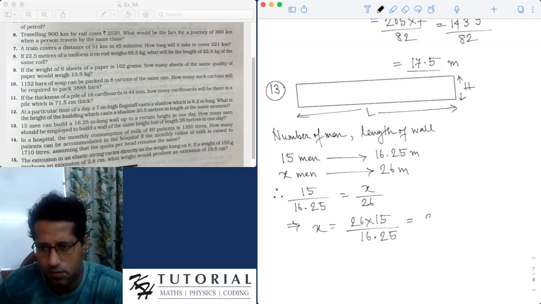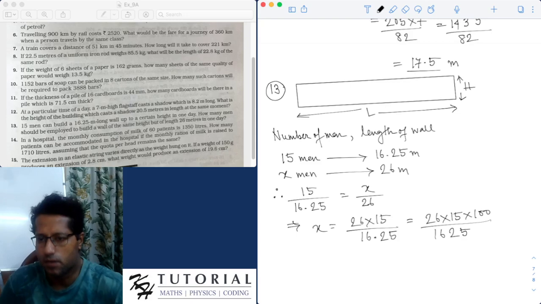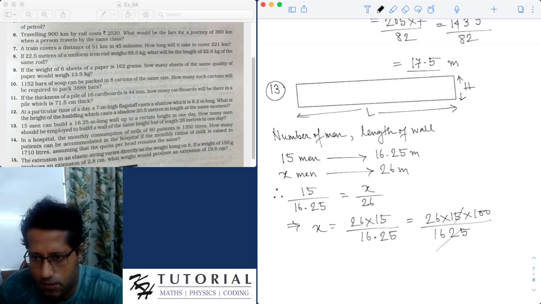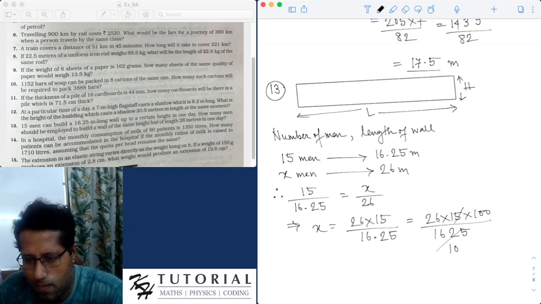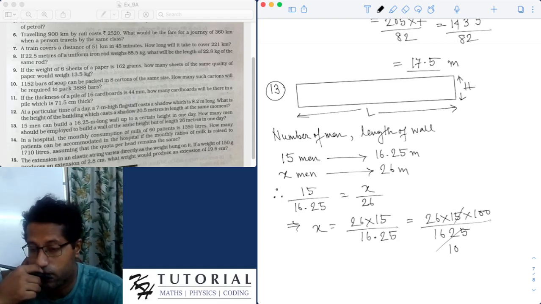This is 26 multiplied by 15 into 100 divided by 1625. Now I guess 15 will divide 1625.